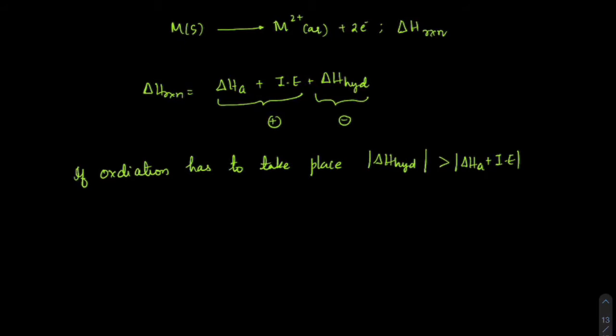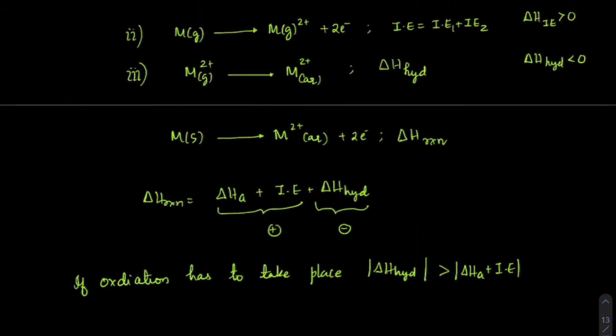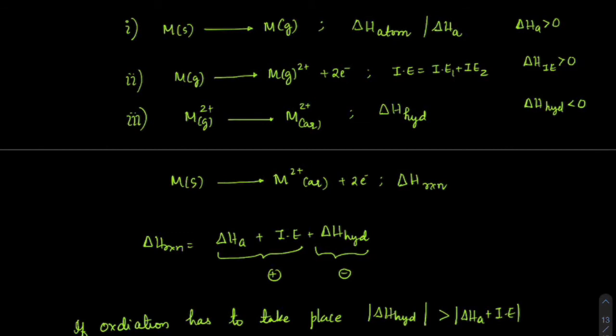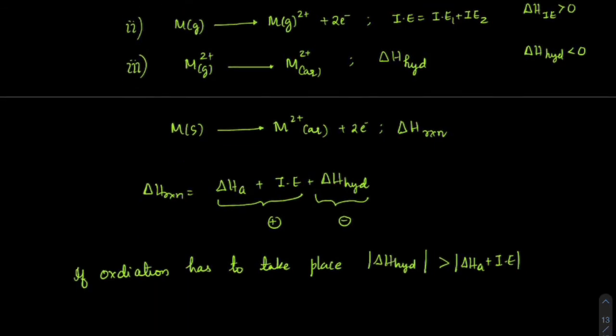I guess that point is clear. So from here we can say that if it has to undergo oxidation, then delta H hydration has to be greater than that of delta atomization plus ionization. Suppose if delta H hydration is less than that, then it will be more in the reduced form. This is the fundamental we will be using from now.